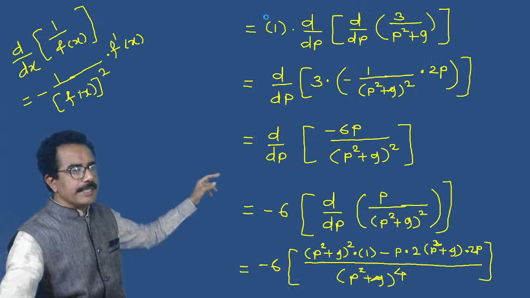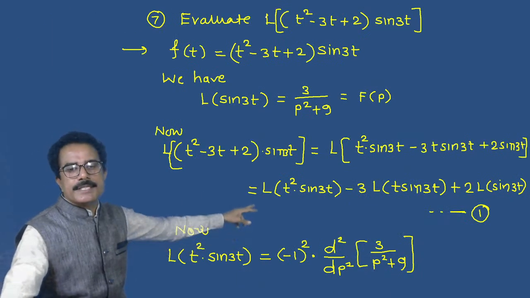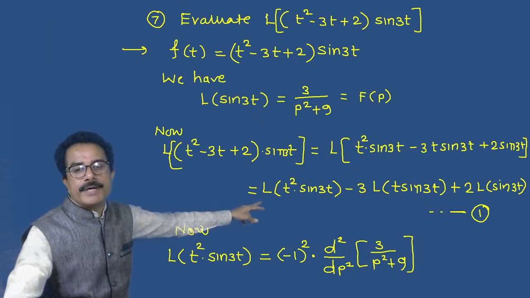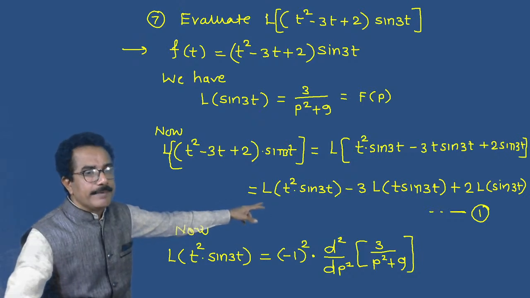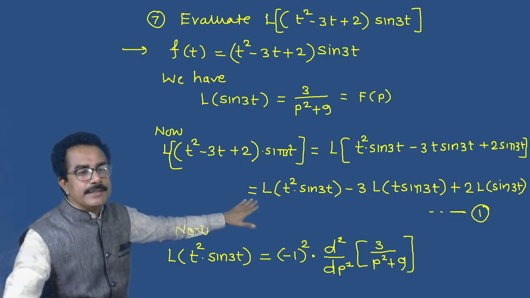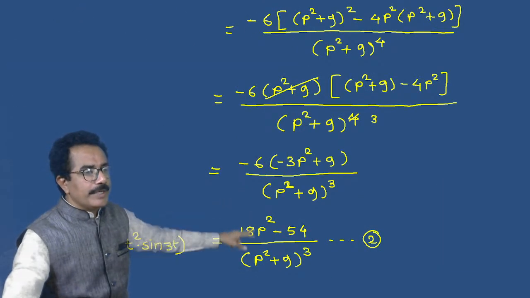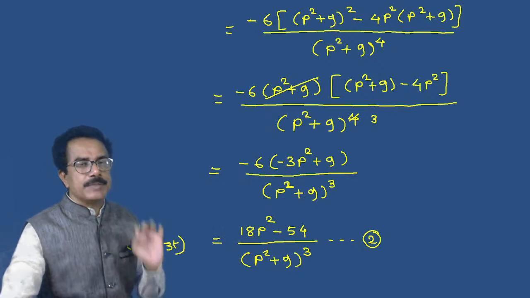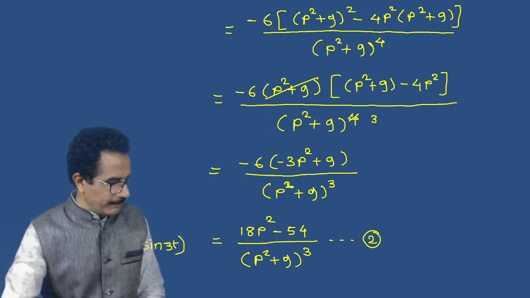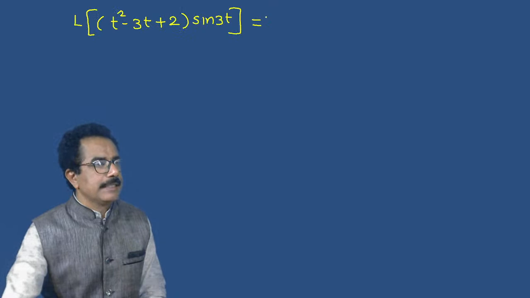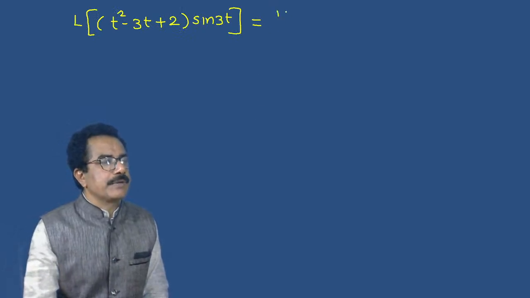We have to put in equation 2, meaning the Laplace transformation of t square into sine 3t, which is calculated in equation 2. What is that? 18p square minus 54 divided by (p square plus 9) bracket cube.